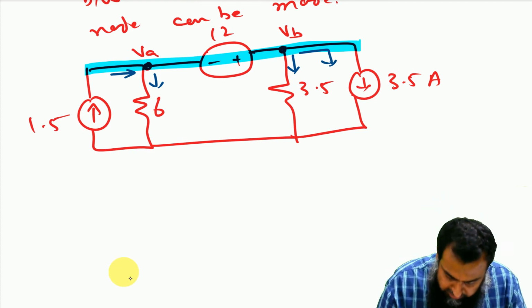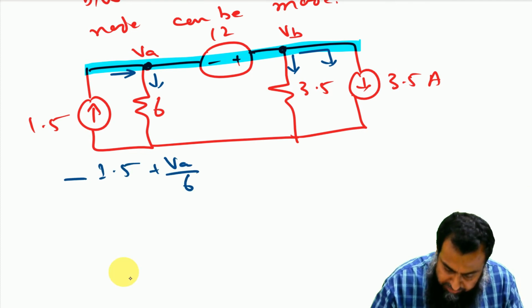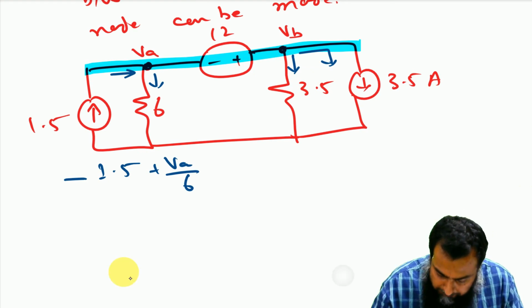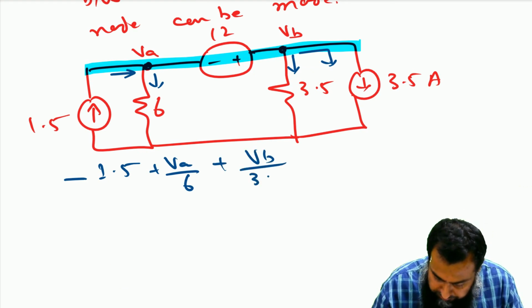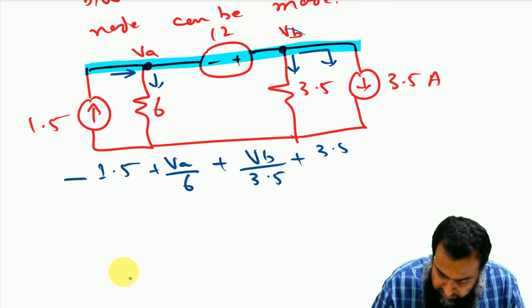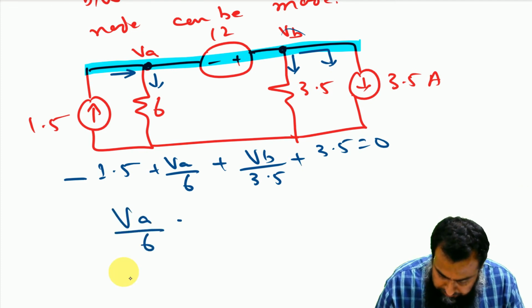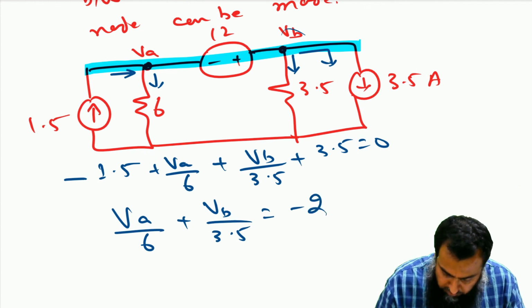So directly writing this as, this is minus 1.5 plus VA over 6, then I will skip this 12 volt source and I will come directly to VB plus VB over 3.5 plus 3.5, that is equal to 0. And if I solve this, this is VA over 6 plus VB over 3.5, and that is equal to minus 2.